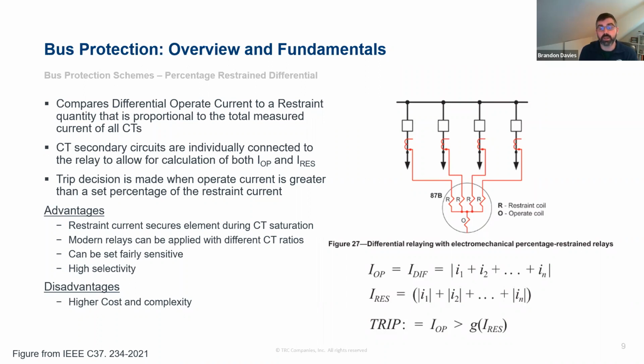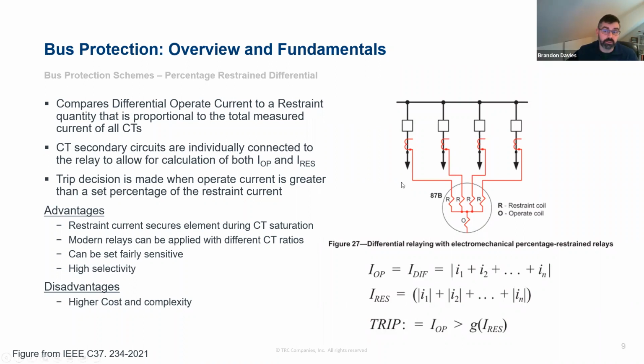But the basic idea is that when are we going to have that CT accuracy issue? When are the CTs likely to saturate? And the answer is when we have high fault currents. If we rate the CTs properly and we specify the right CTs, ideally they're not going to have any saturation issues. But if they do, it's going to happen when you have high currents running through that CT.